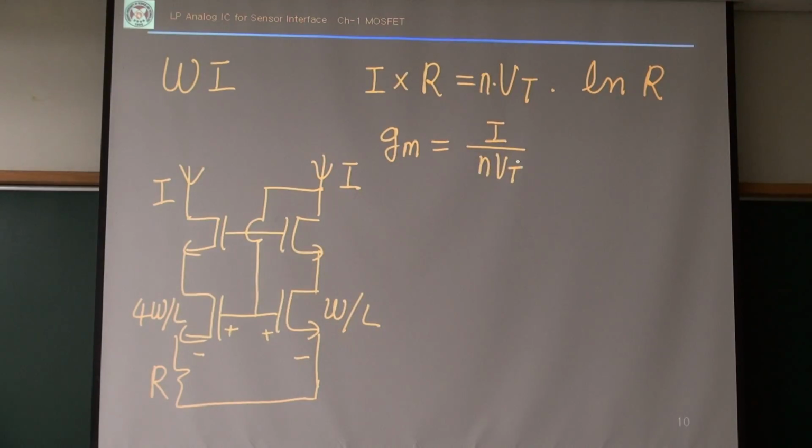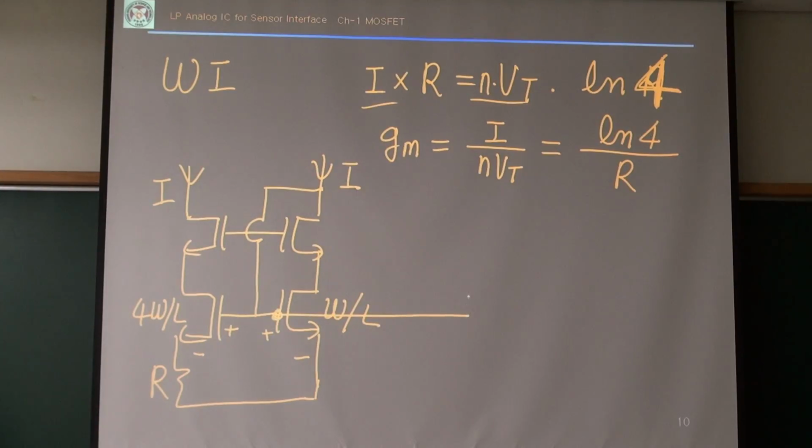So I over NVT here is log 4 over R. Very similar to 1 over R, right? It may be around 1.6, not 2. So all the transistors connected here, each GM is proportional to 1 over R.